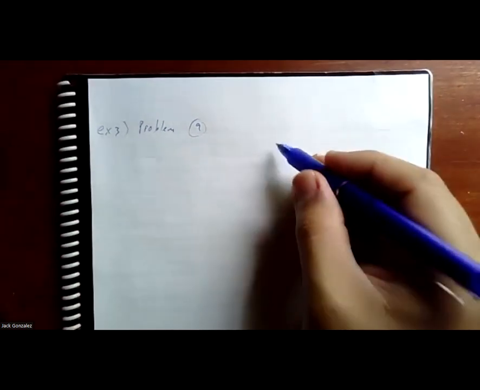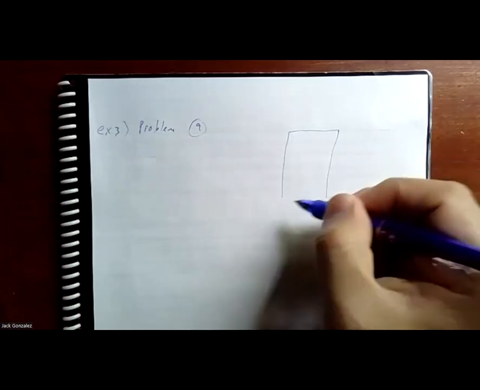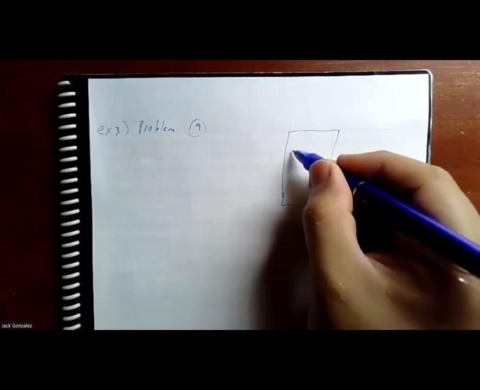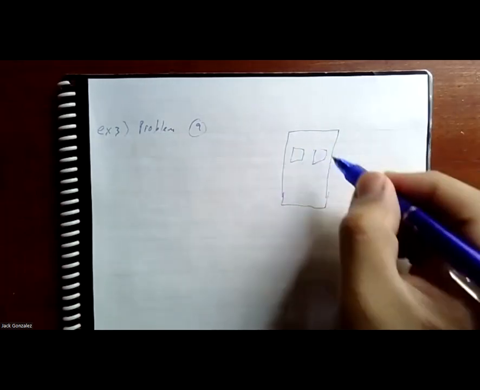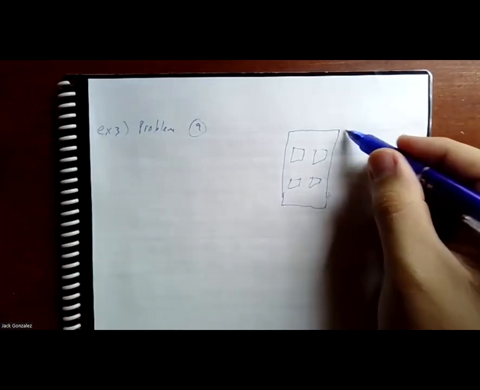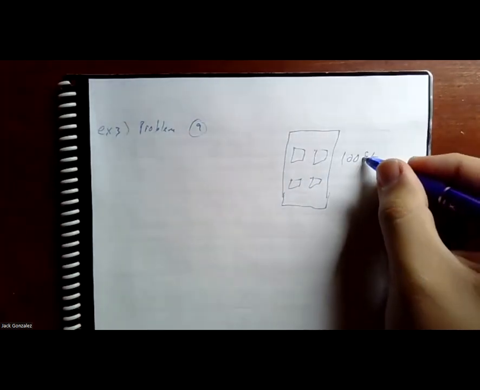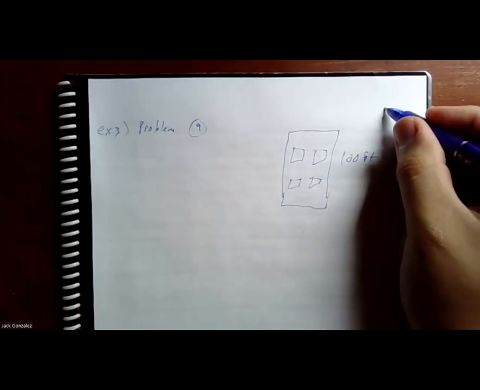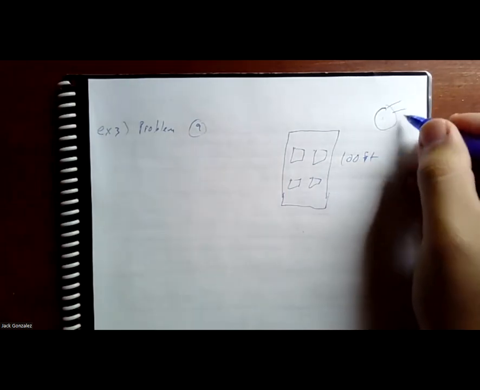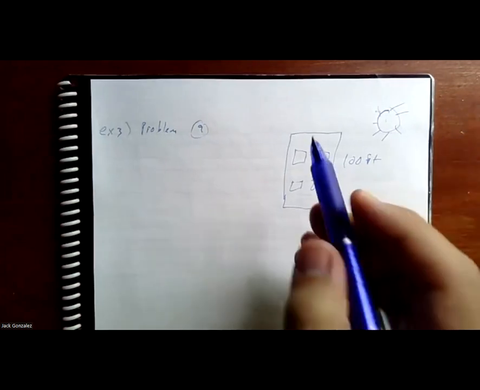Okay. Let me see here. So this is what I'm picturing. I got some building here. It's 100 feet tall. Got the sun over here somewhere, casting a shadow.